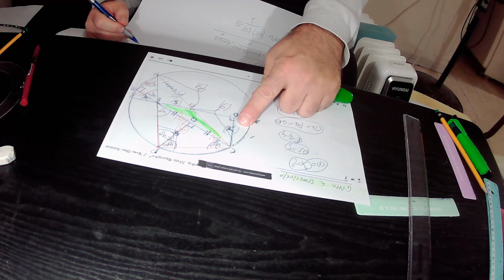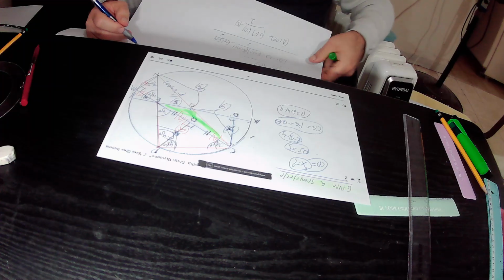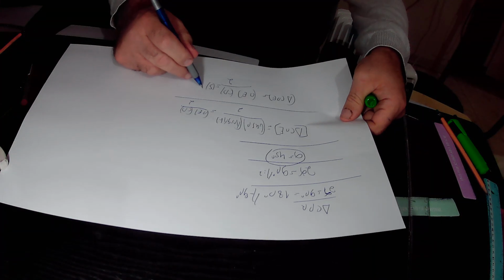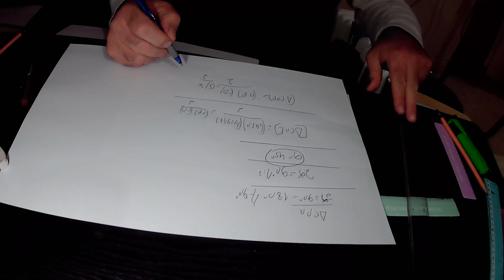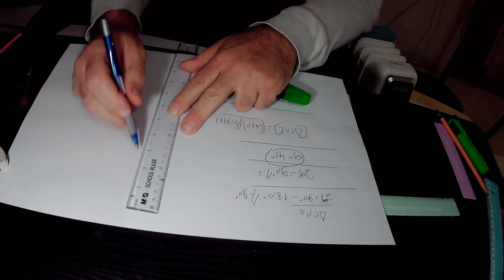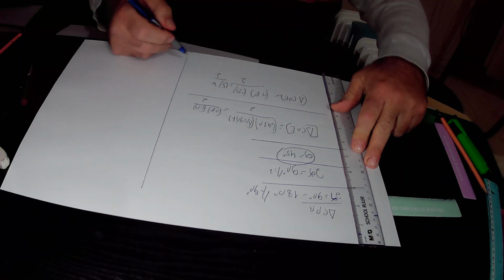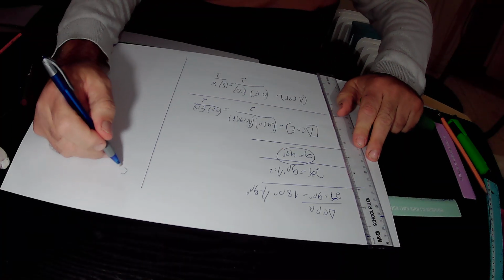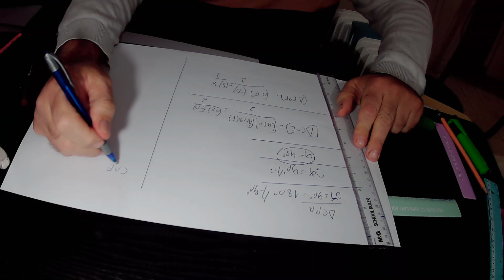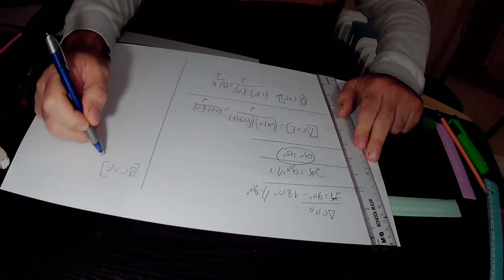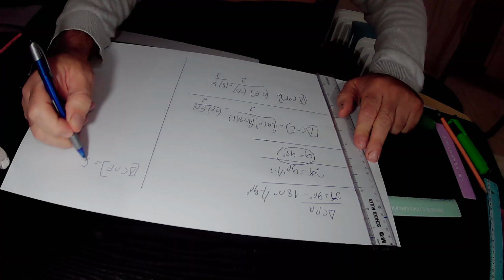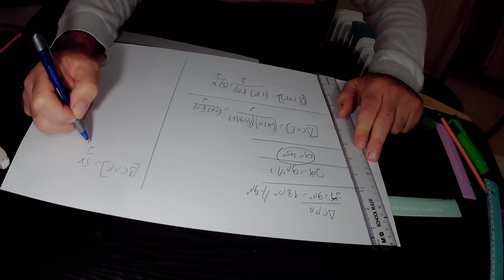CD is the line segment that we are looking for in this question, it is equal to X. So we substitute CD by X, over 2. So the area of the green triangle COE is equal to 5x over 2.